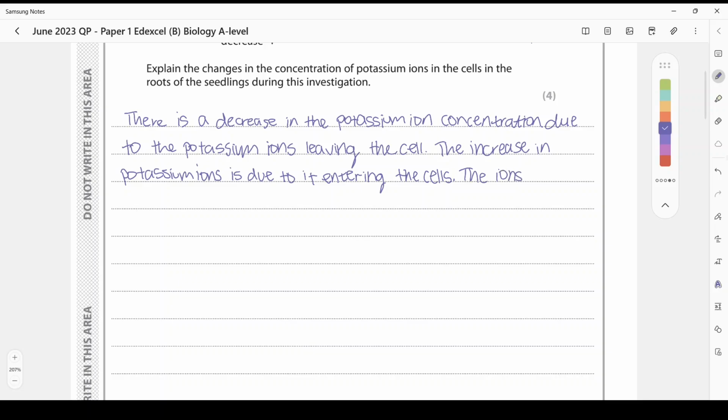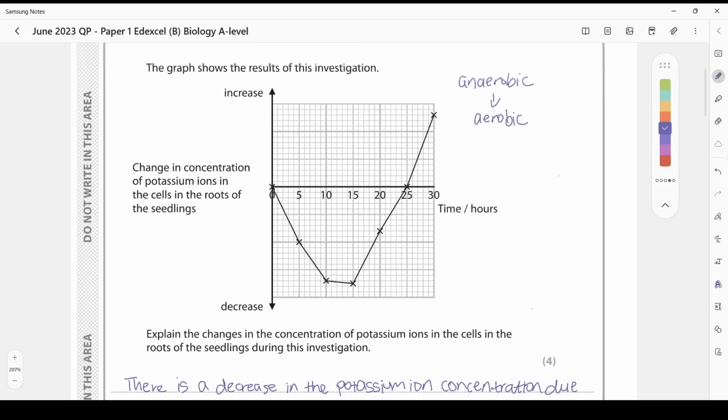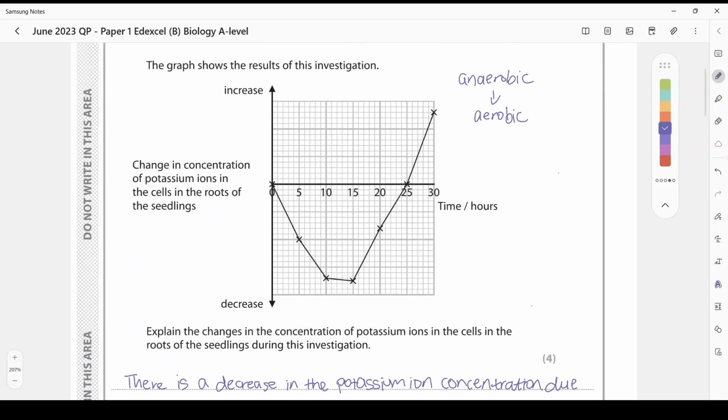We left the cell. And then let's talk about the second 15 hours.